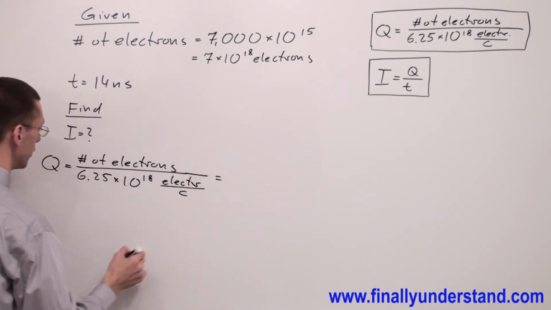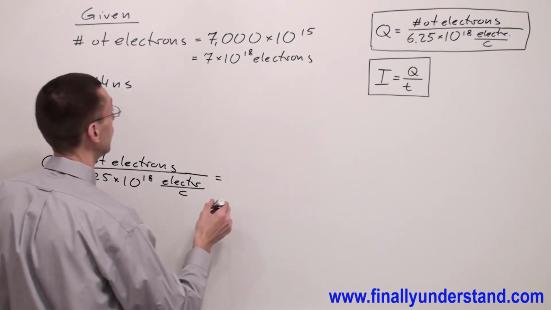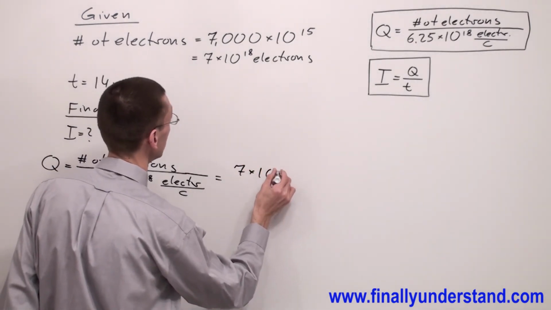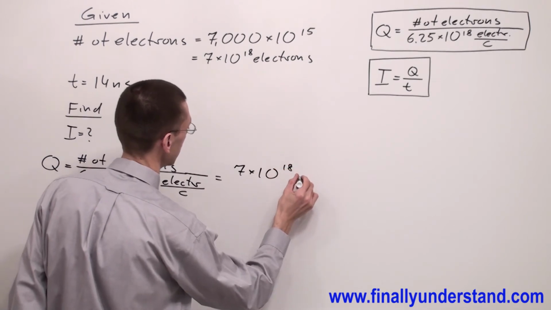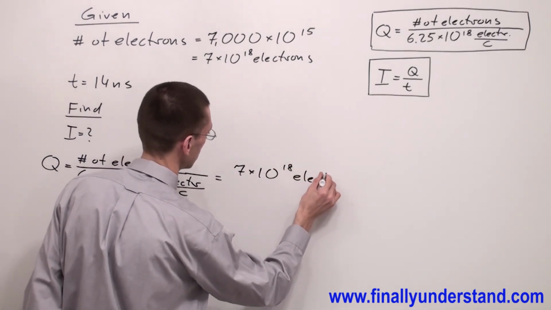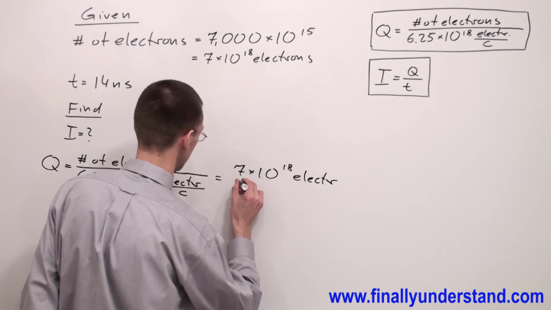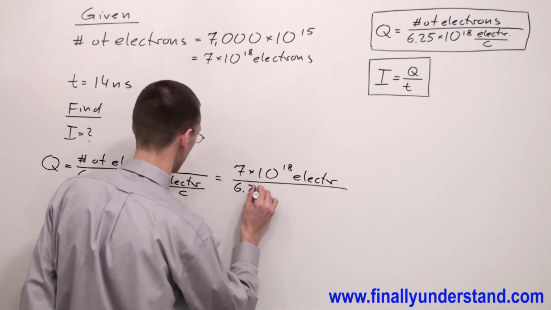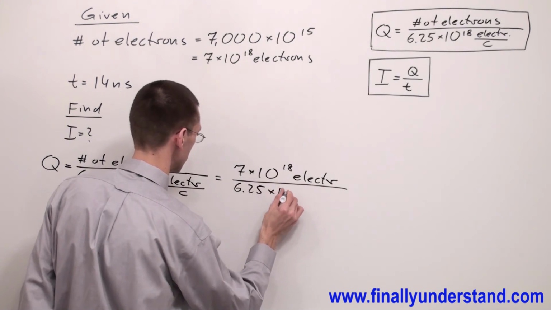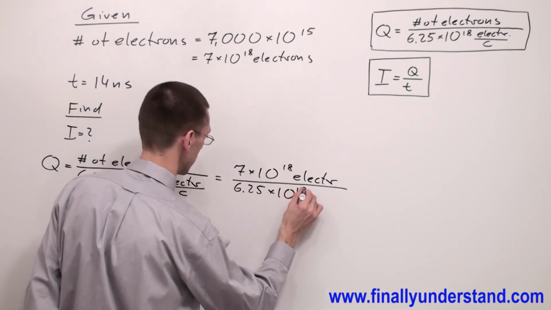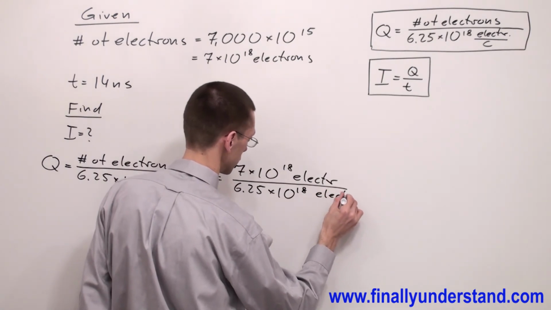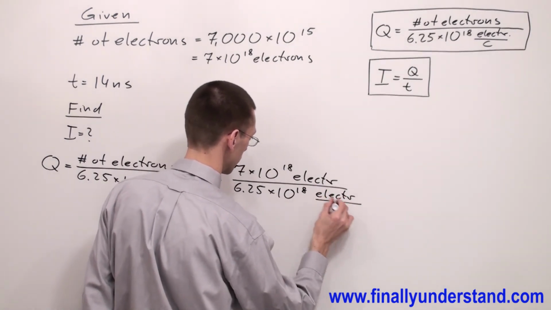So I'm going to have number of electrons, I have 7 times 10 to 18 electrons over 6.25 times 10 to 18 electrons per coulomb.